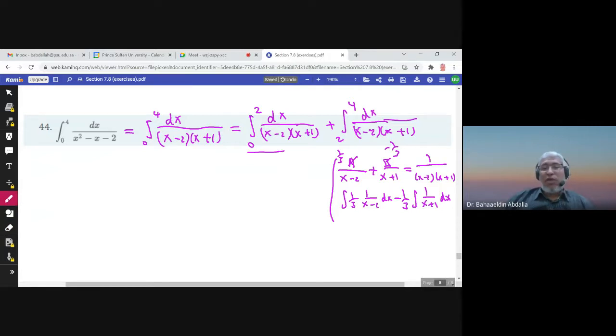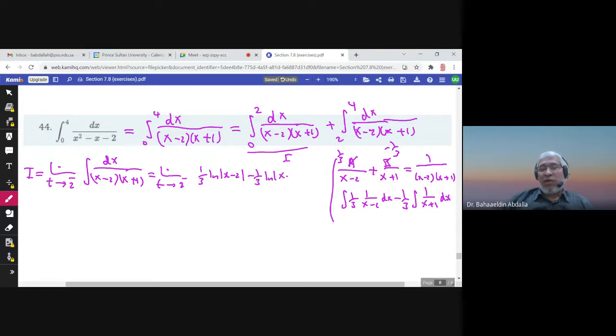So let us evaluate this integral first, I. It is the limit when t approaches 2 from the left of this integral, which is equal to 1 over 3 ln|x minus 2| minus 1 over 3 ln|x plus 1| from 0 to t.